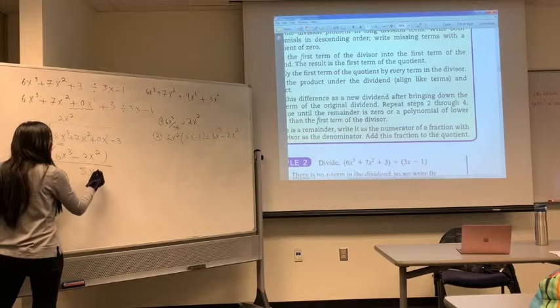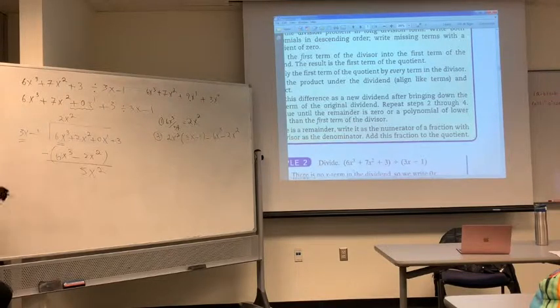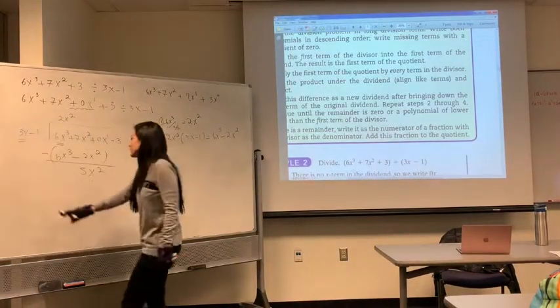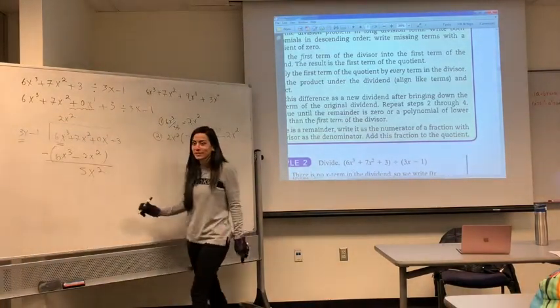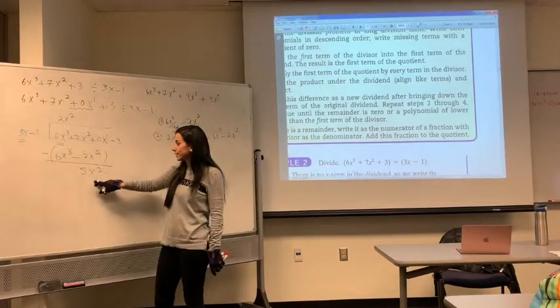5x squared. It's funny because I was telling her she had different signs, so that's what I told her: 7 minus 2 is 5. And then everyone else changed their answer. I saw 3 of you change your answer. So 5x squared was correct. If you have all the correct signs, you should get this one.